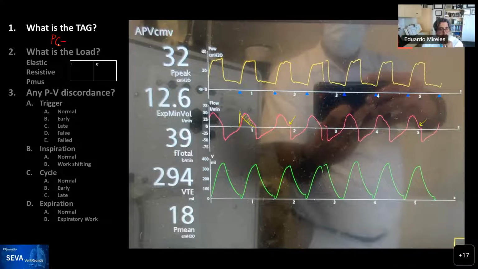So this is definitely a pressure control. And after I see this, I always go and look at my waveform to be sure that what I'm seeing is again consistent with a pressure control breath. So ventilators are mediocre pressure controllers, because if this was ideal, it would be a beautiful, nice, pretty square that you would be seeing.